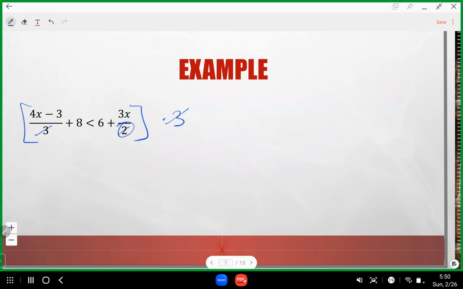This is not canceled out. So instead, what do you need to do? You could move the 6 to the other side, but you're still going to have to multiply something to both sides, right? So instead of multiplying by 3, you're not canceling out 2.